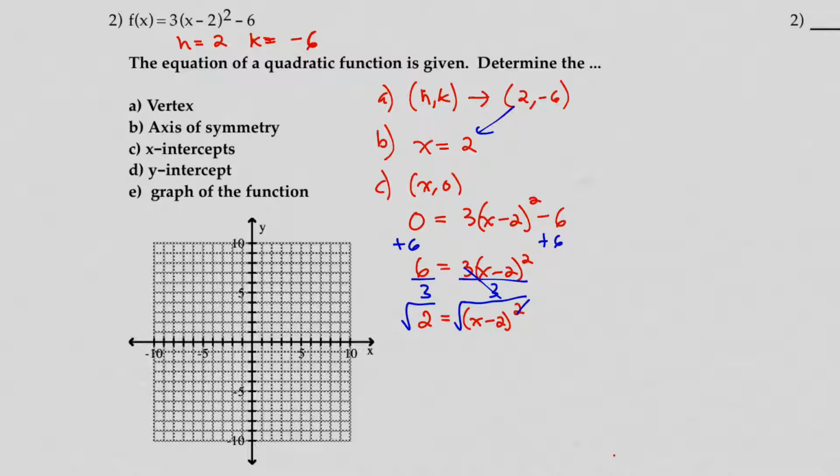But I'd rather not put a decimal on the test. So let's see what we get here. x minus 2 on the right, and then plus or minus the square root of 2 on the left. Then we're going to add 2 to both sides. So our final answer here, in exact form, will be this here.